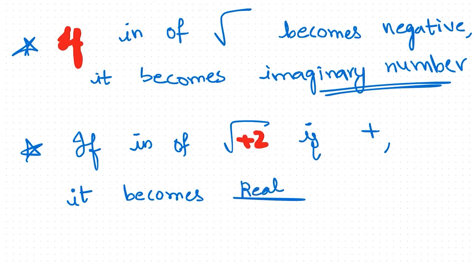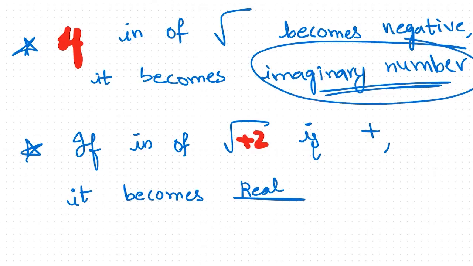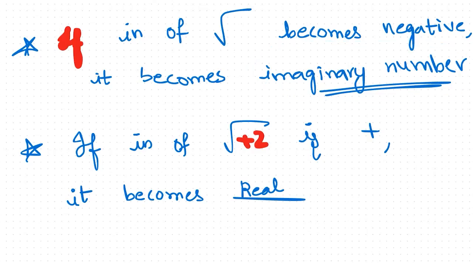All numbers are complex, whatever number you can think of. So root 2 will be real, and if it's minus, then it will be imaginary. The negative should lie inside the square root to make it imaginary. If it's outside, then it will be real.